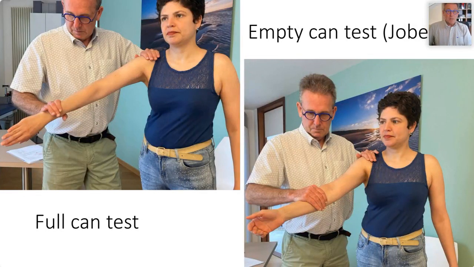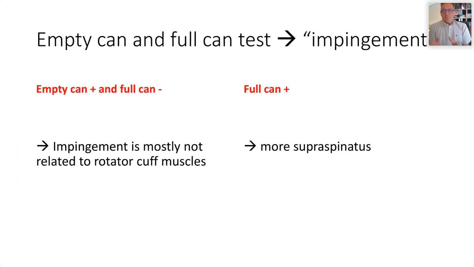Here, empty can, full can, we are all familiar with the cans. But how are you going to interpret it? Well, if the empty can is positive and the full can is negative, mostly you don't make a link with the rotator cuff muscles, and if the full can is positive, it's more likely to be supraspinatus.